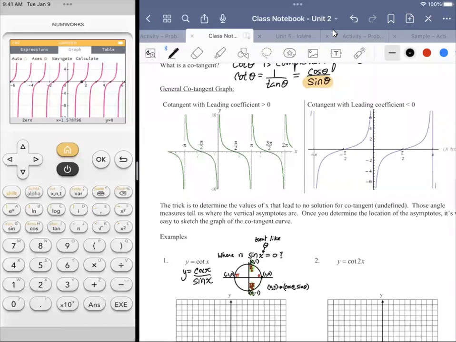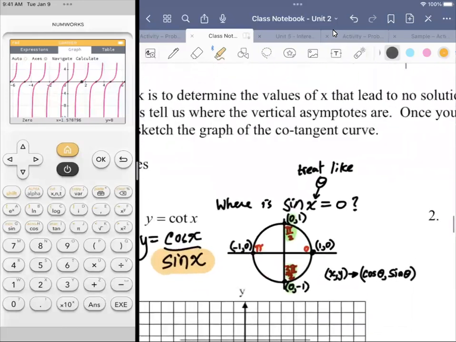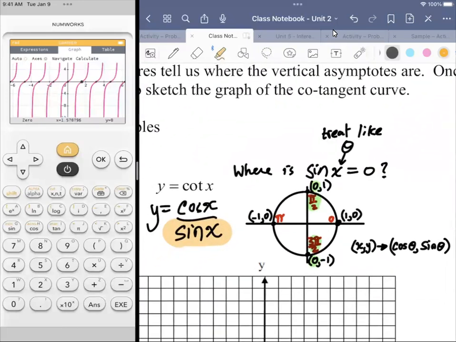All right. So the x in the function, again, we're going to treat like a theta. We're looking for where sine of x is equal to 0, and that would be any instance where the y value is equal to 0. So the y value is equal to 0 here at 0 and here at pi.